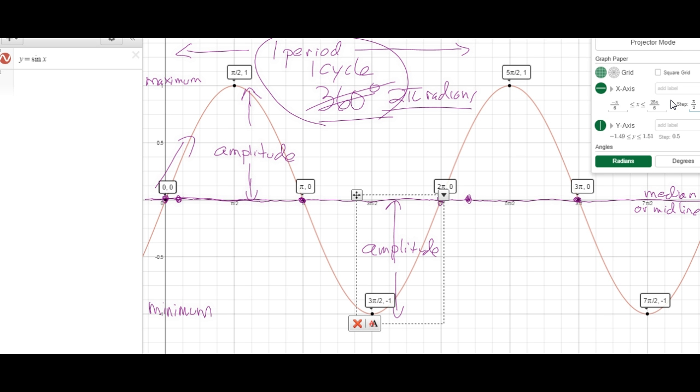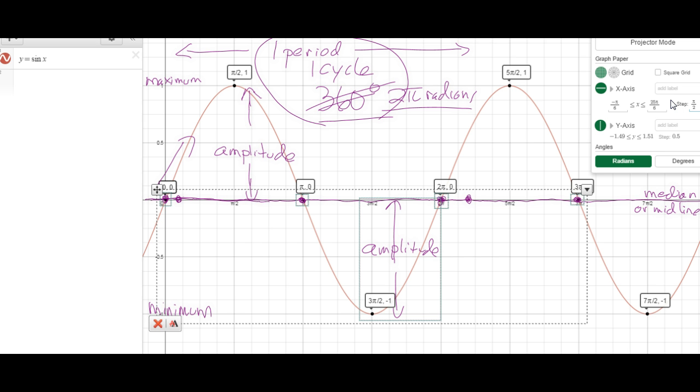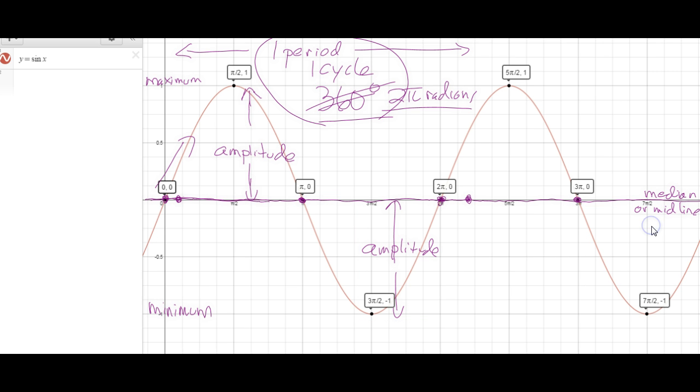Okay, so 0, pi over 2, pi. So where do we intercept the x-axis? 0, pi, 2 pi, 3 pi, and 4 pi. Okay, that's where we intersect. Those are our x-intercepts. Where do we intercept the y-axis? At 0, right? So it starts at 0.